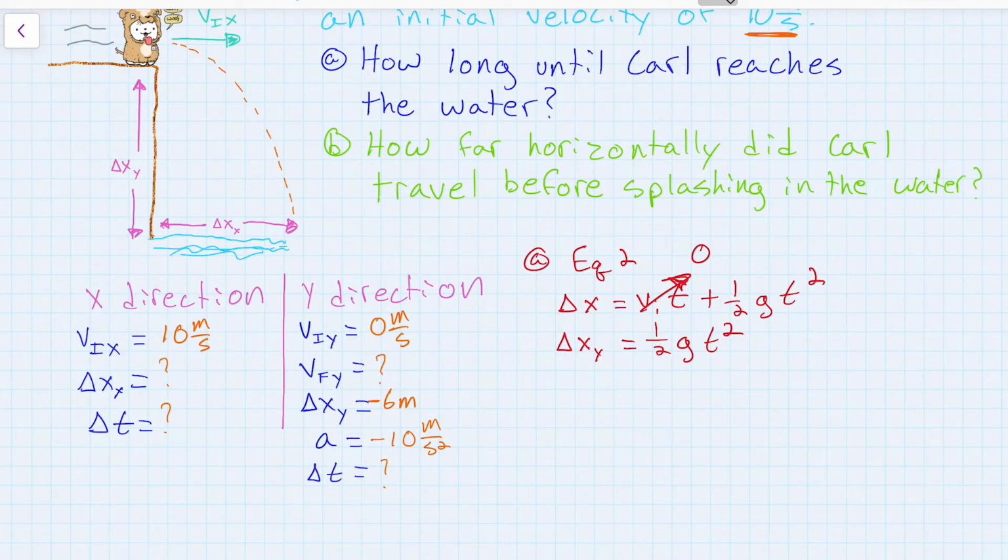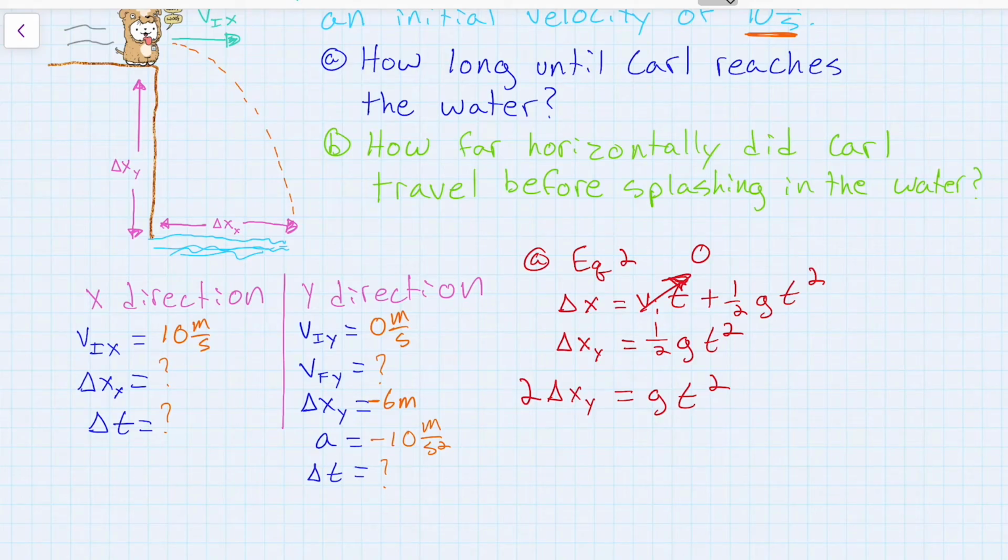So all we need to do here is plug in our numbers and then figure out what t is equal to. So I'm going to solve for t, which is delta y multiplied by 2 is equal to g t squared.